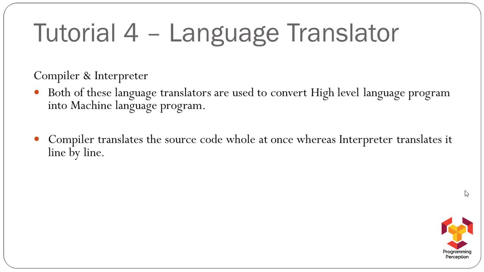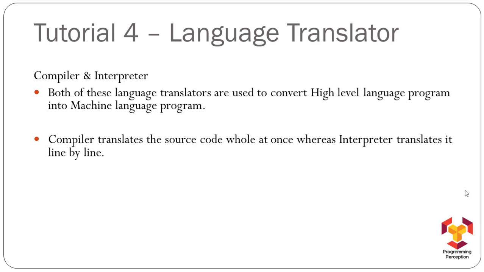But the compiler translates the source code whole at once, whereas the interpreter translates it line by line. That means if a program contains 20 lines, the compiler will translate all those 20 lines together and create a new file.